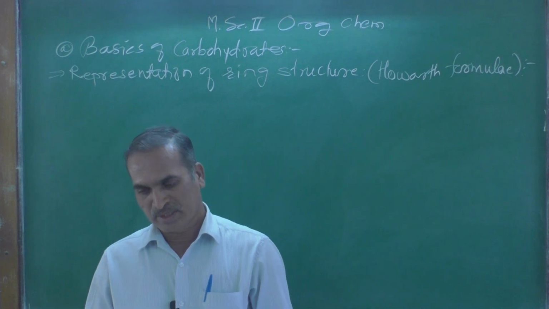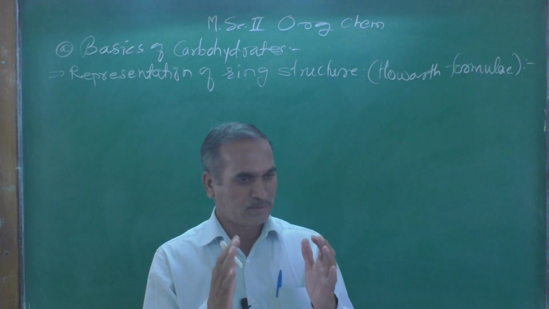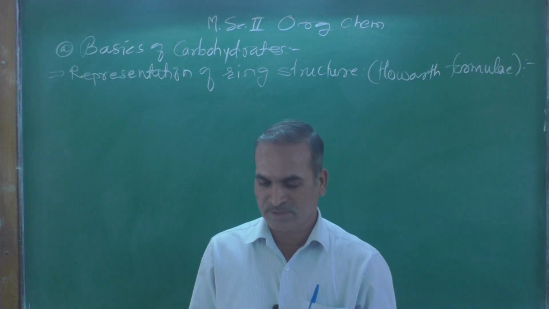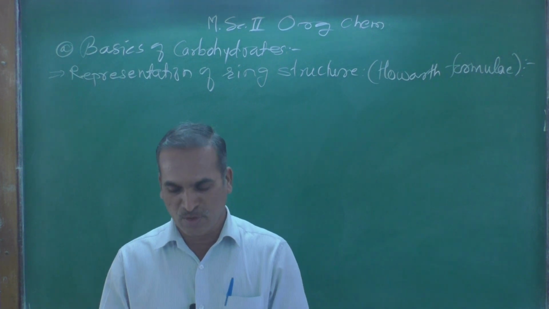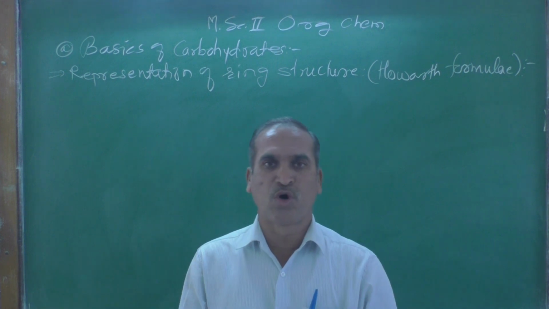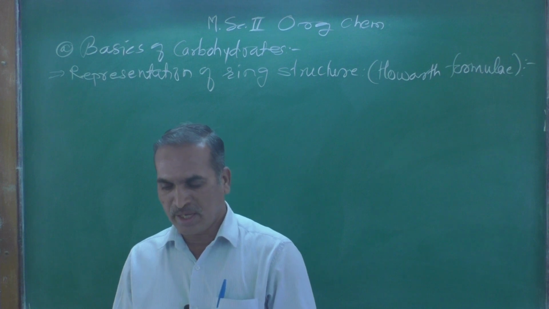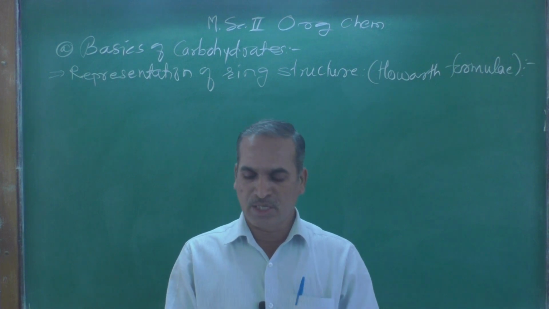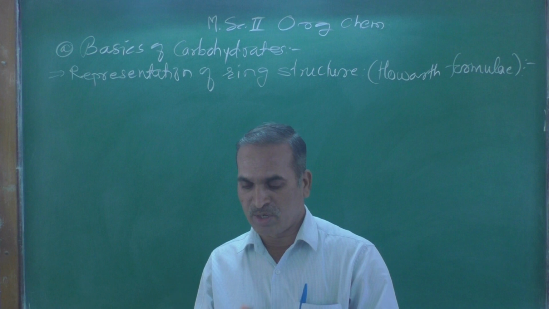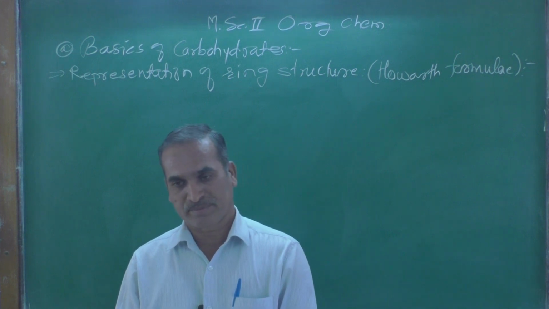So let's begin with the Haworth formulae. Now it is more convenient to represent the ring structure of D-glucose in Haworth projection formulae.